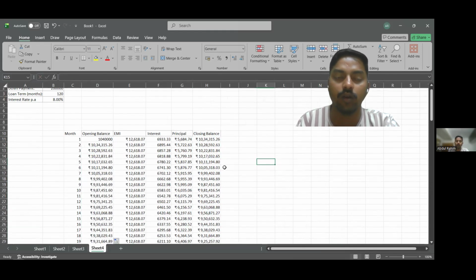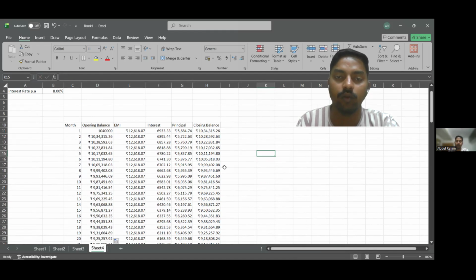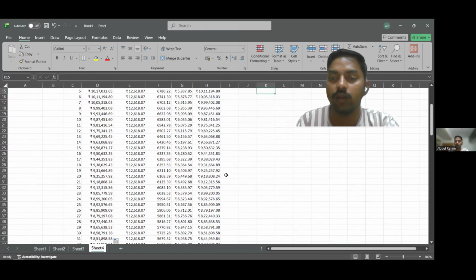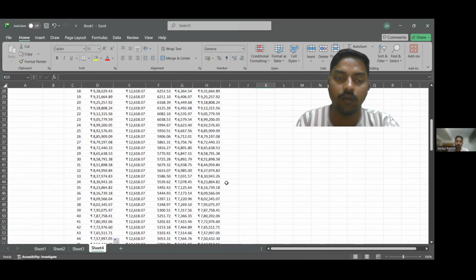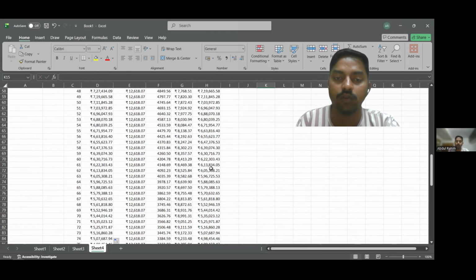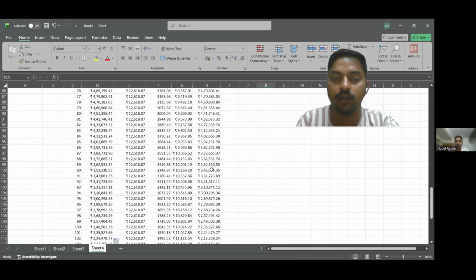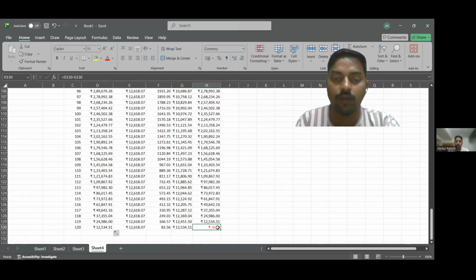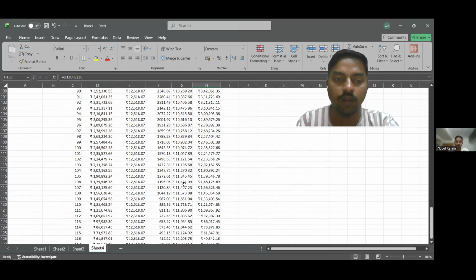We don't need to calculate for every month, it's going to take too much time because it is for 120 months. And we are going to check if the answer is right or not. If it gives a 0, that means the answer is right, because after the payment of every EMI, you have nothing to pay for the next month. That gives us a 0 balance.